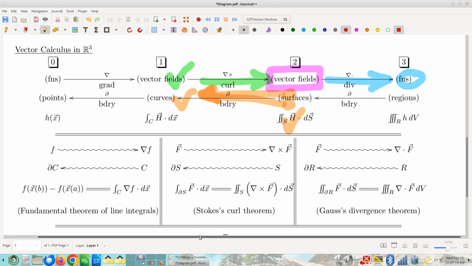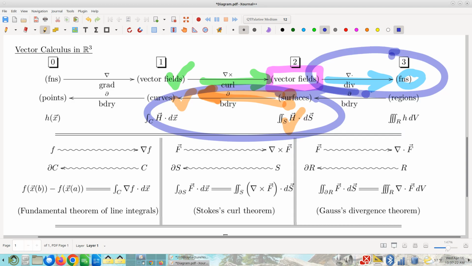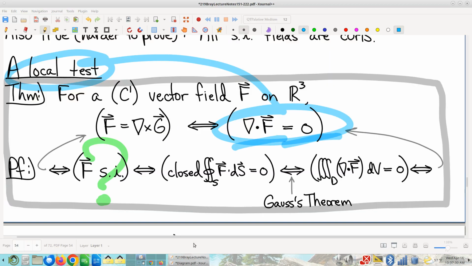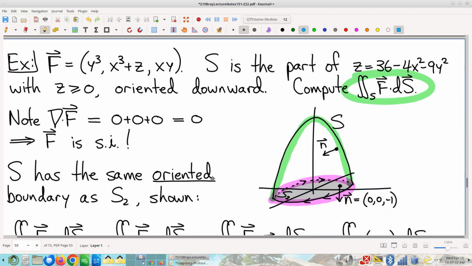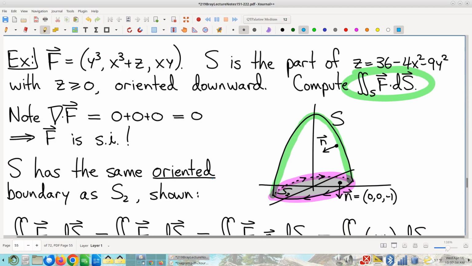Which, by the way, you can see right here in the diagram. If you want to know if you have surface independence, well, we know from this diagram that divergence being 0 is a test for that. Right there in this little pattern that we've got. Okay. So, off we go. Let's take our vector field.